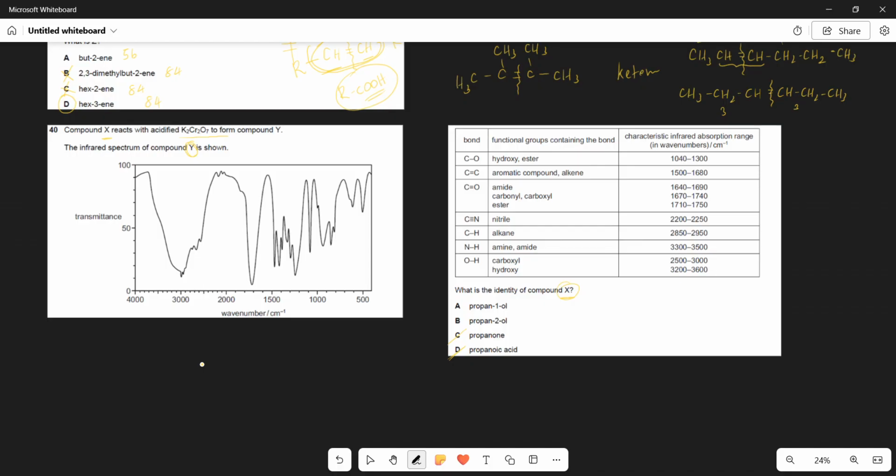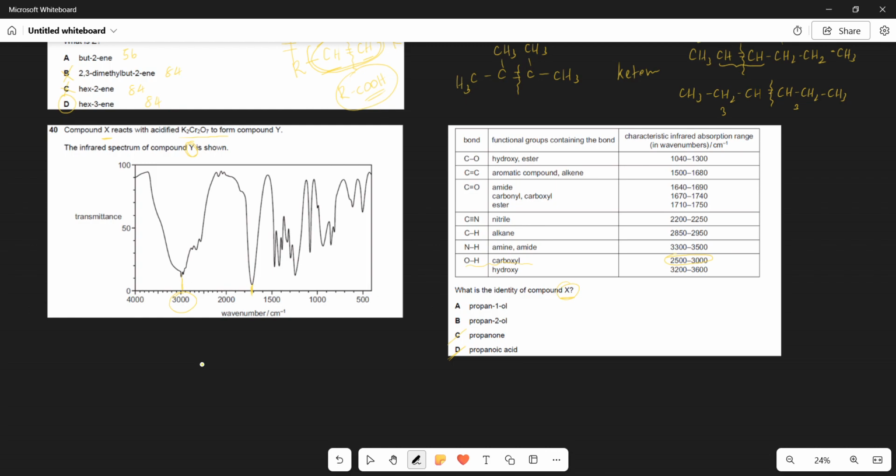Now I am going to consider propan-1-ol and propan-2-ol. When I look at this, I have a broad band here, which is at 3000, so I may have a carboxyl OH there.